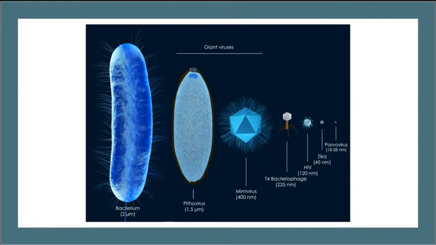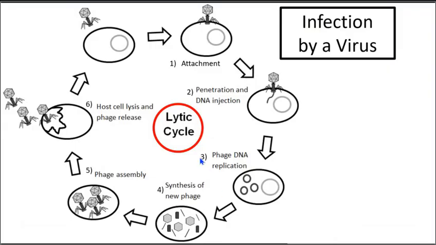So realize there's a huge difference in size, where bacteria are actually a lot bigger than viruses. Okay? And remember, bacteria attack a cell by releasing toxins on the outside. What you're about to see is a virus works a lot differently. Okay. Now, the first process is called the lytic cycle. This is the same root word as lyso, which remember means to cut or to break.